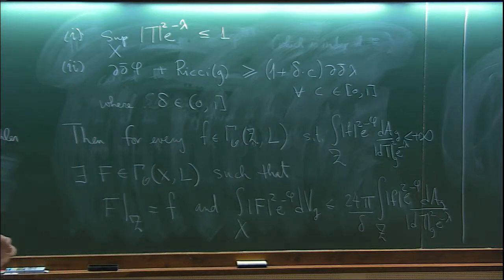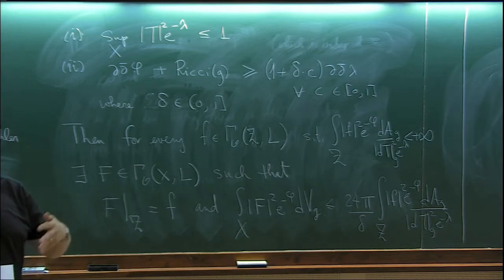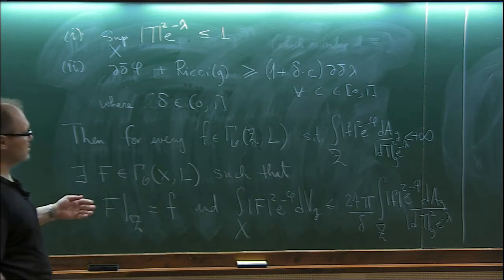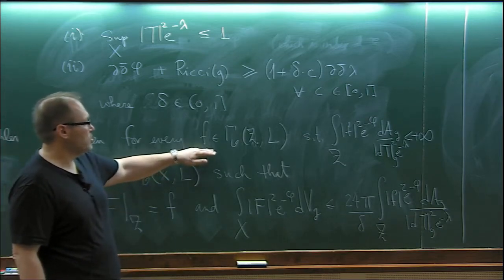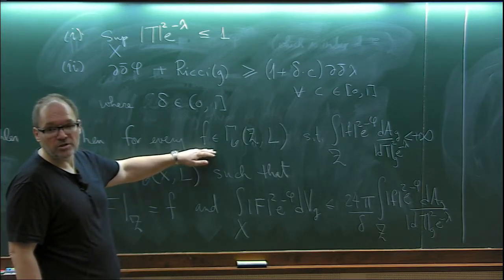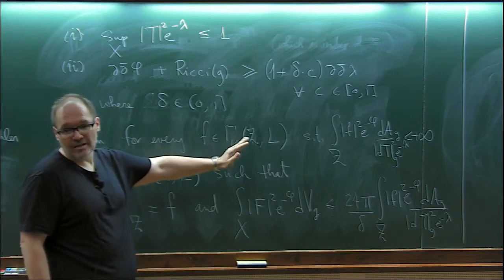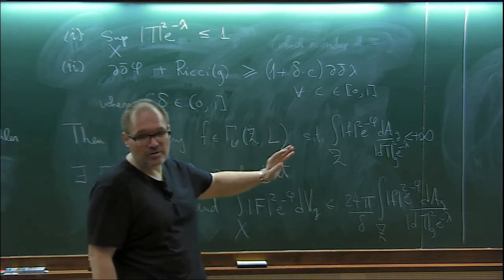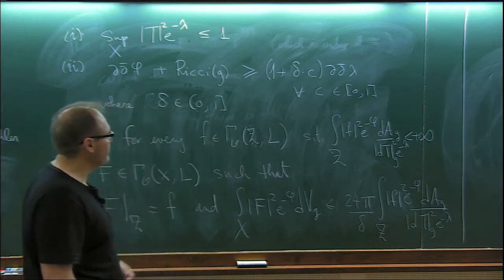So it means that it occupies a certain amount of mass inside x. And that mass is sort of measured by the set of holomorphic sections that are L2. So that's a measure of energy, which is sort of the mass of this Z.